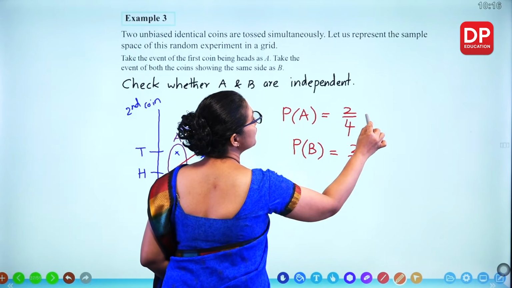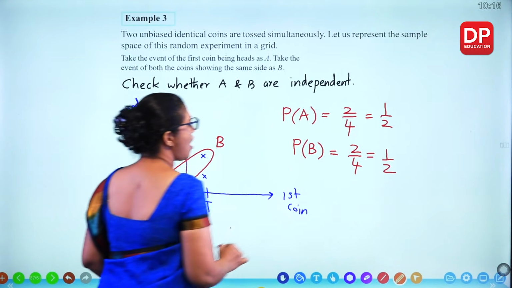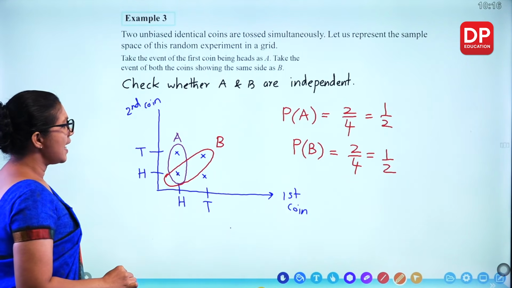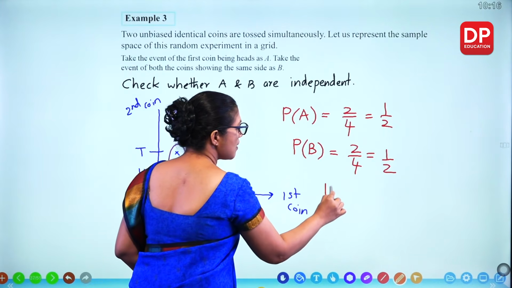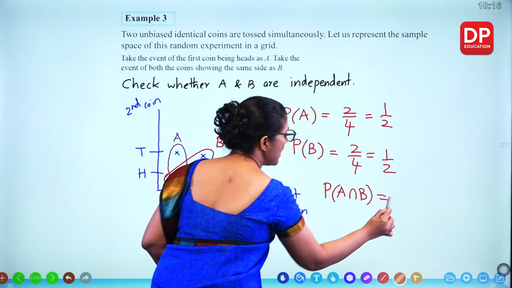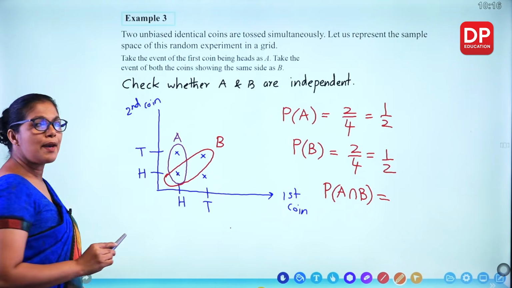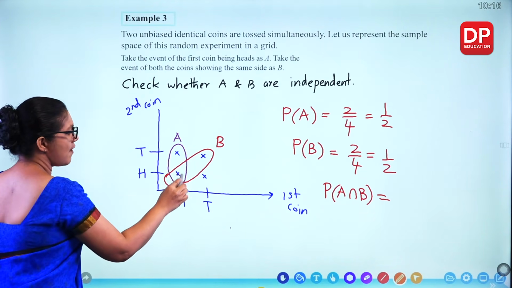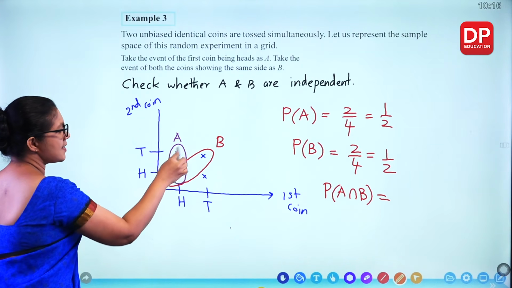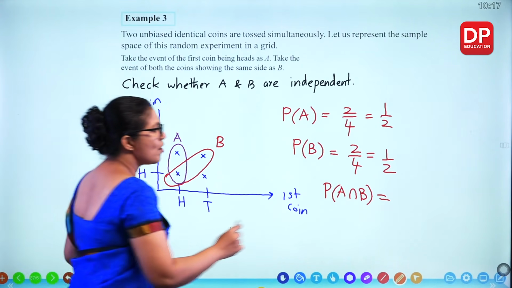I can simplify this as half, this is also half. Now we'll take the intersection. Probability of A intersecting with B. That means the common region for both A and B. We can see one is intersecting each other. So 1 out of 4.